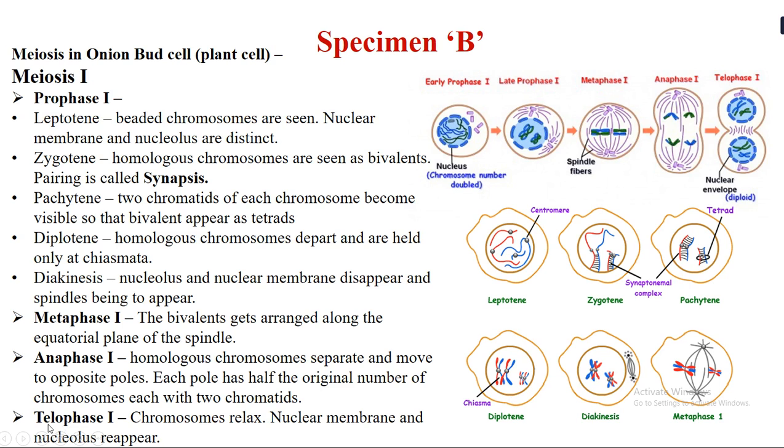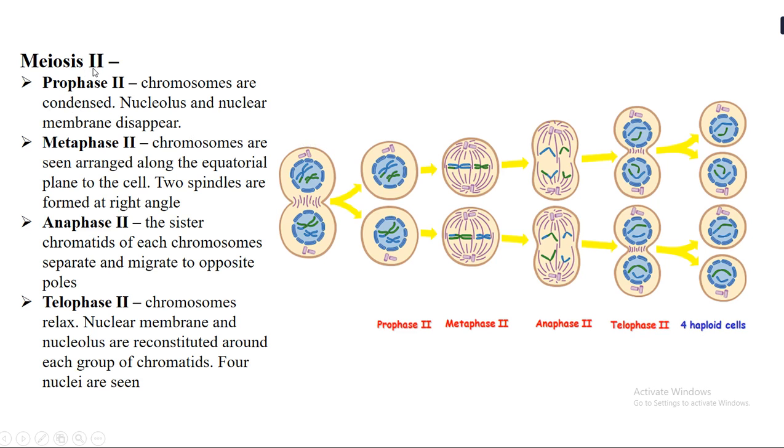And then comes the last phase, that is telophase 1. In telophase 1, the chromosomes relax. If you see over here, at the two poles, the chromosomes relax. The nuclear membrane and the nucleolus start reappearing. So here meiosis 1 ends and this gives rise to meiosis 2.